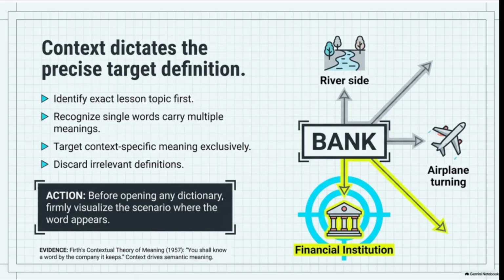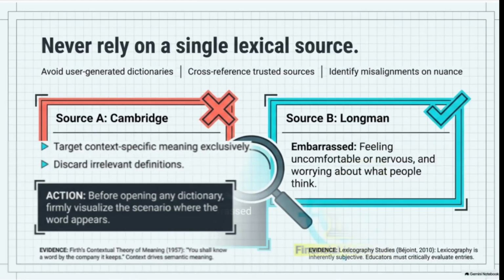So, before preparing CCQs, identify the specific meaning that students need for the lesson. A useful teacher habit is, before opening the dictionary, first look carefully at the sentence, picture, dialogue, or situation in which the word appears. Ask yourself, what does this word mean here? That is the meaning we need to check.